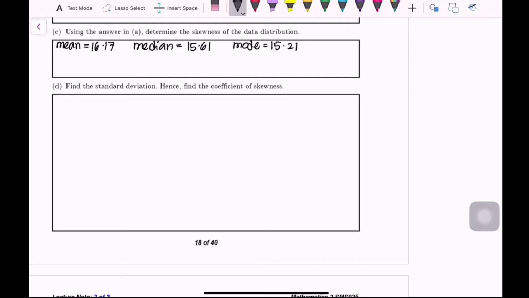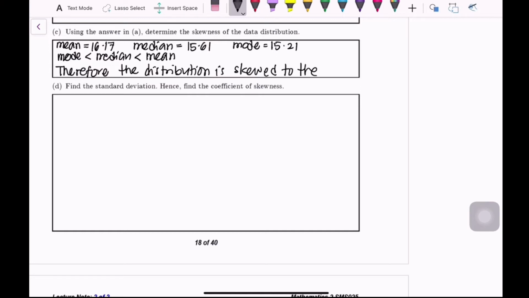From these values, we can write that mode is less than median, which is less than mean. Therefore, the distribution is skewed to the right.